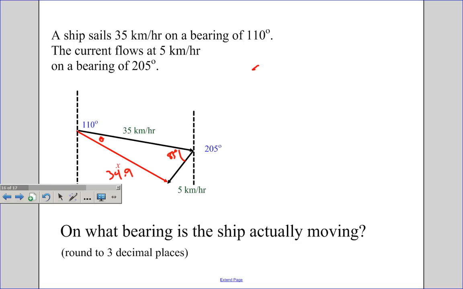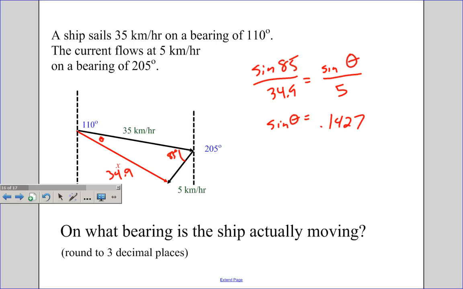So we could say the sine of 85 over its opposite side of 34.9 is going to be equal to the sine of theta over its opposite side of 5. So cross multiply and divide, and the sine of theta is going to be 5 times the sine of 85 divided by 34.9. So the sine of theta is 0.1427. And now I take the inverse sine, because we know that's not over 90 degrees. That's 8.2.